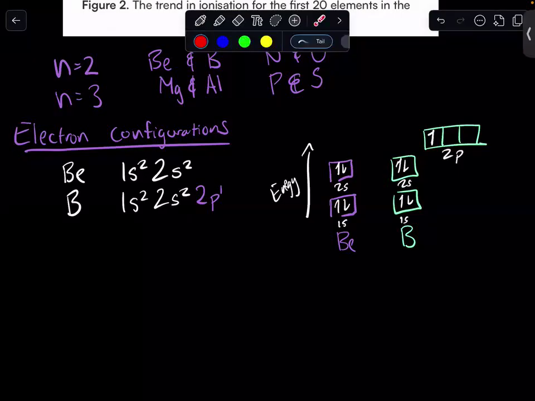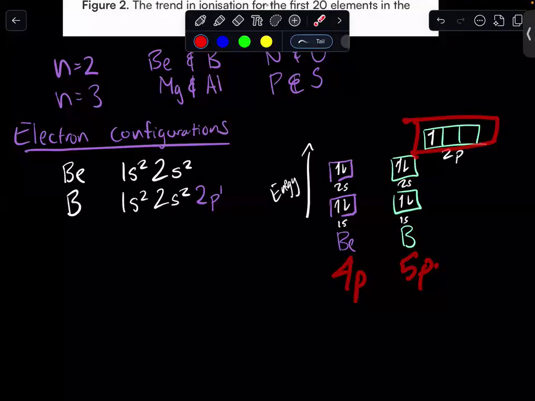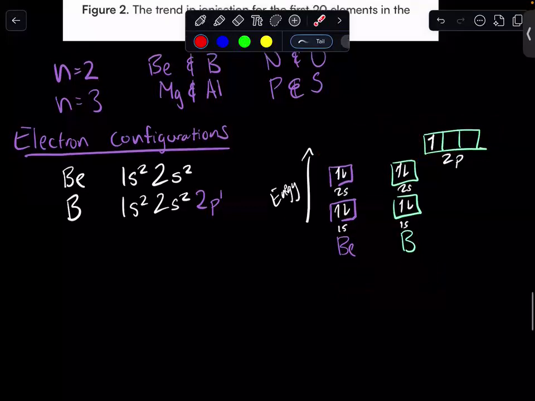We see that boron puts its newest electron in the 2p orbital. So while boron does have more protons, it has 5 electrons and 5 protons to beryllium's 4 electrons, or 4 protons, we also notice that its most recent electron is in a higher sublevel, meaning it's further away from the nucleus. And once again, we get to that distance.